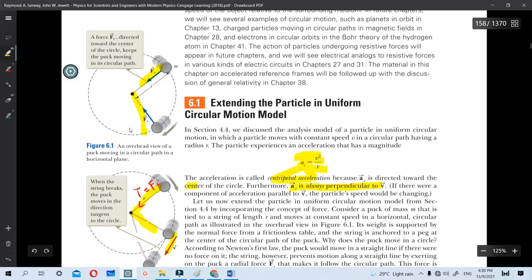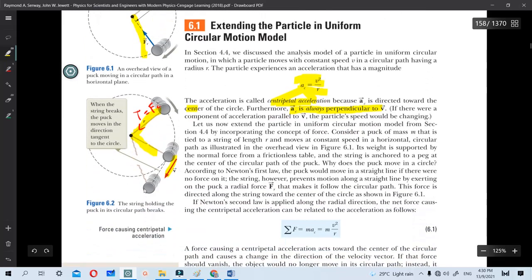When we relate this with the idea of force, since you have acceleration, the correlation with force, which is chapter 5, should be the product of MA, and therefore MA turns out to be mv squared over r, a combination of mass and acceleration v squared over r.